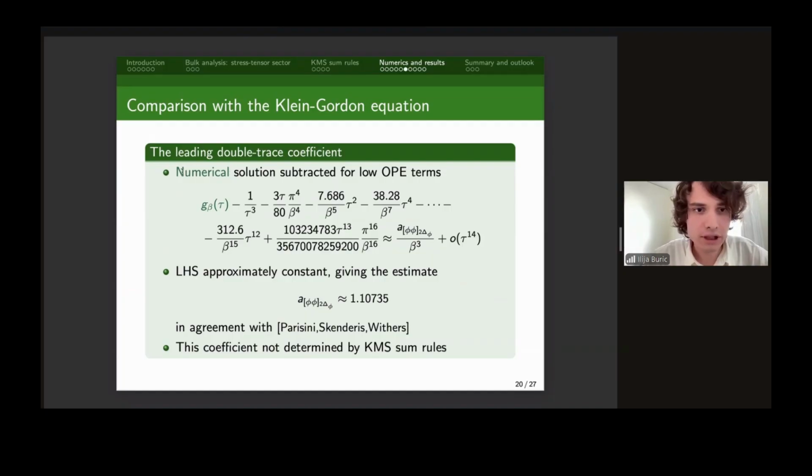We followed the method that was done in this paper by Parisini et al. to obtain numerical solutions, with maybe some minimal modifications, but essentially the same method. And this green G beta of tau is the function that you get by this numerical method.